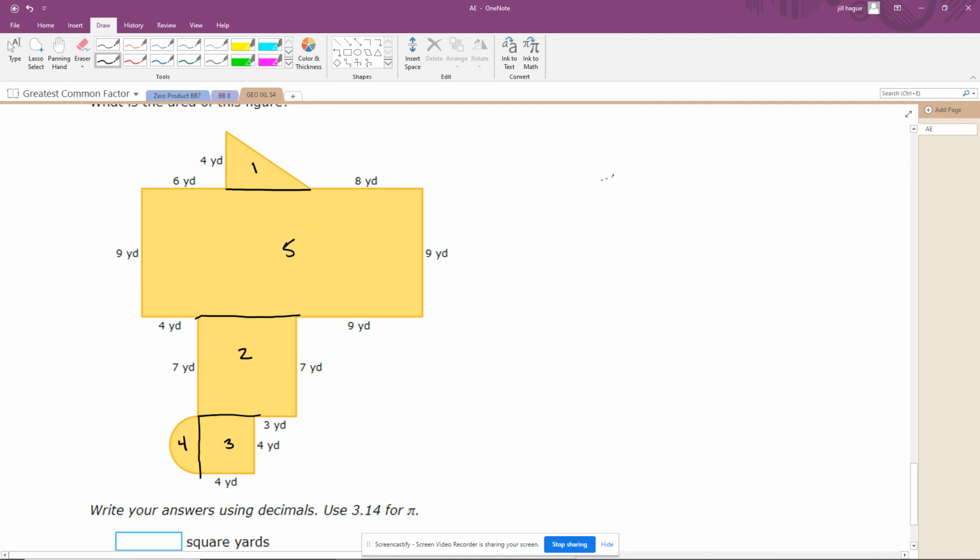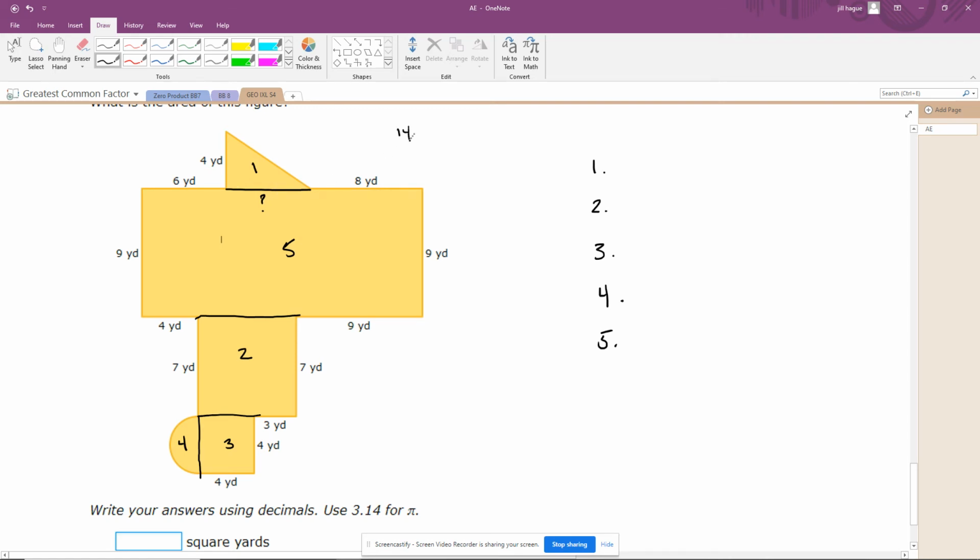Okay. So then you're going to list them over here. 1, 2, 3, 4, and 5. Okay. So 1. We have to find out what this is right here, and that's probably the challenge here. So we know that the total length of this is 6 plus 8 plus the question mark.